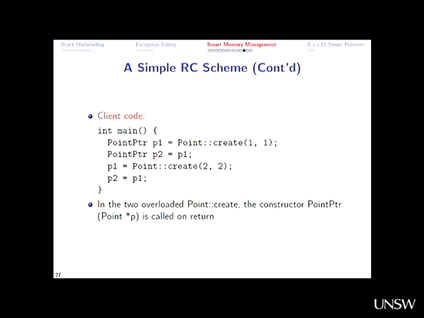Because it's copy assignment and move semantics, it's going to decrement the first point object's reference count. So the first point object now goes back to having a reference count of 1. It's not going to destroy it because the original point object still has a reference count of 1.